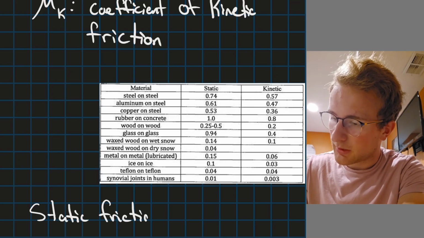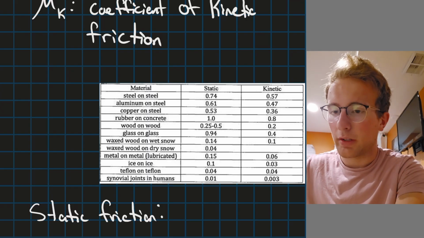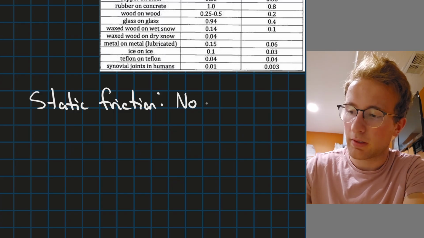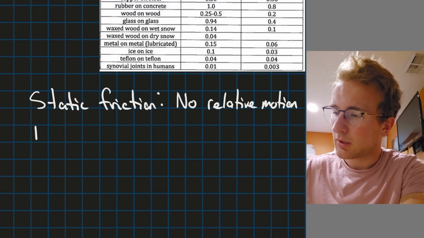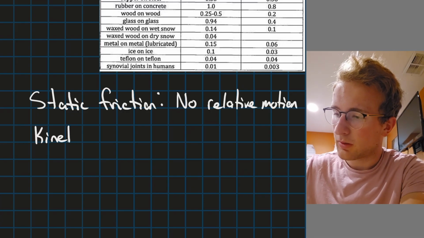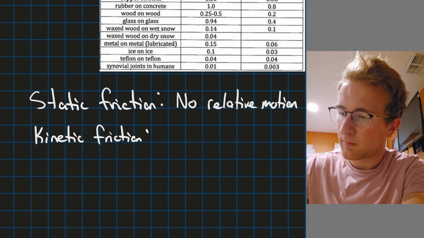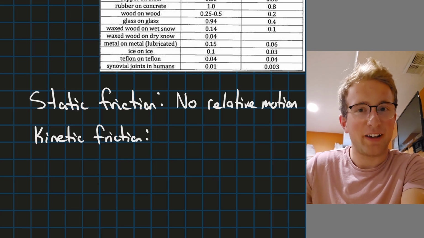static friction is when there is no relative motion between two objects. Now, kinetic friction is the opposite, right?